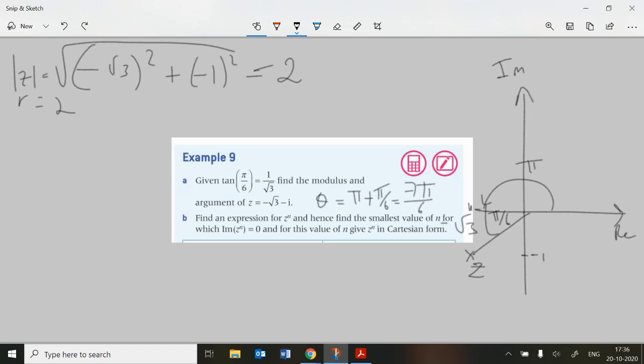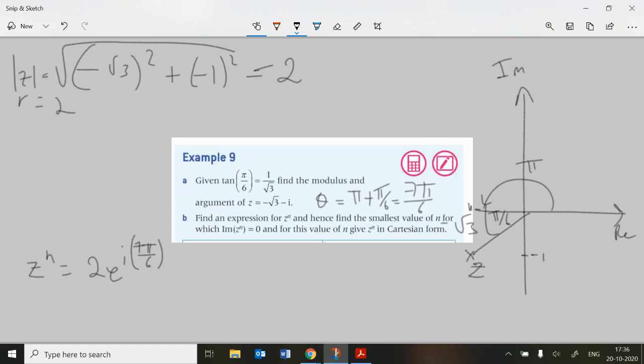And then in part B it says, find an expression for z to the n, and hence the smallest value of n for which the imaginary part of z to the n is 0. So let's put z in a format which is nicer to work with powers. We'll say z to the n equals, now we know that r is equal to 2, so we've got 2 e to the i 7 pi over 6.